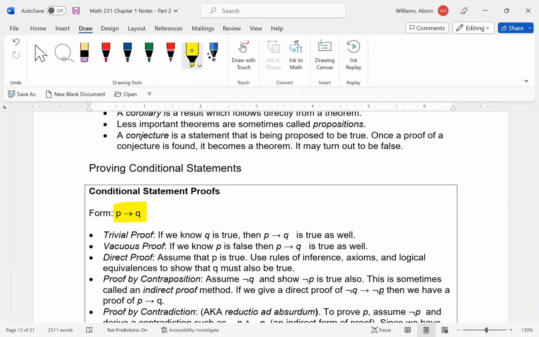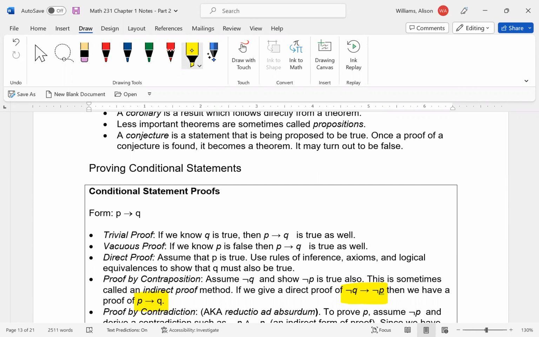So the first type is a trivial proof. If we know Q is true, then P implies Q is true. A vacuous proof: if we know P is false, then P implies Q is true as well. A direct proof: that means we start with our first statement and work our way to the conclusion. Proof by contraposition: that means that we start by looking at not Q implies not P, and proving this proves P implies Q. That's contraposition.